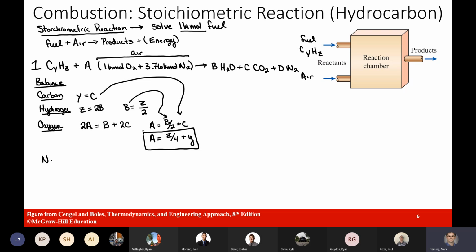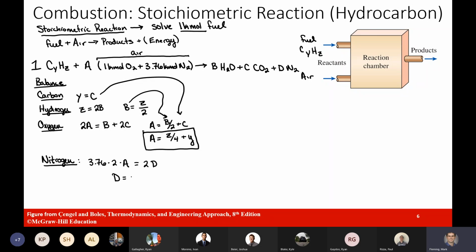Now let's go ahead and just finish up our balances. The last one we have is nitrogen. If we do this for nitrogen, well, we have this 3.76 times the 2 times A. So we have 3.76 times 2 times A on the left-hand side. And we'll note that we have 2 times the stoichiometric coefficient of D on the other side.